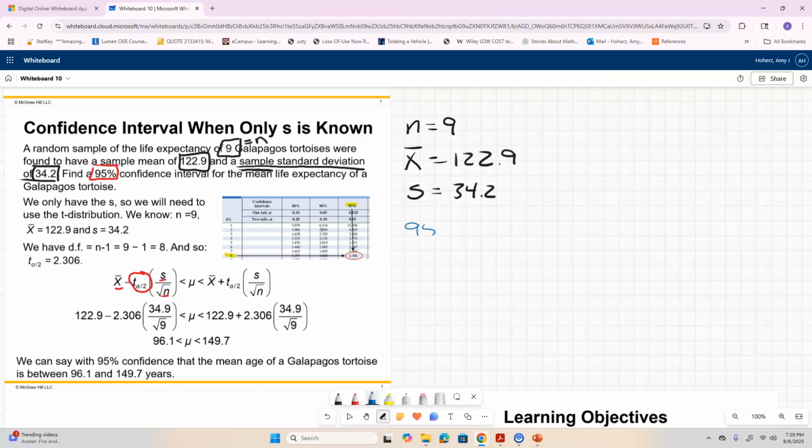We know it's 95%, and we know that the degrees of freedom are N, which is 9, minus 1, which is 8. So our degrees of freedom is 8, and our confidence level is 95%. So those are the column and the row that we're going to look for in our chart.